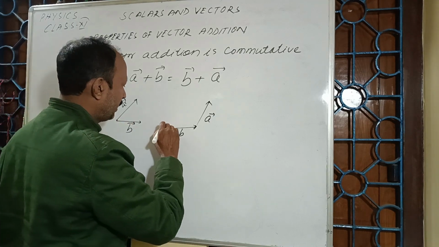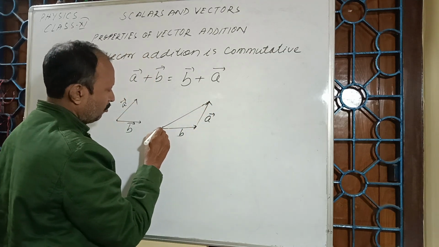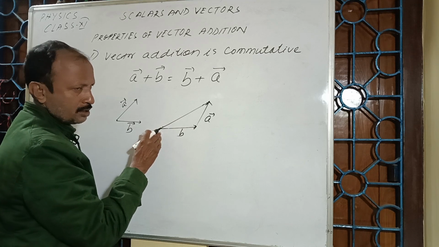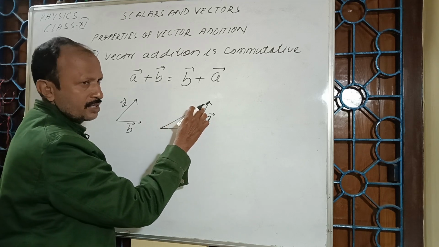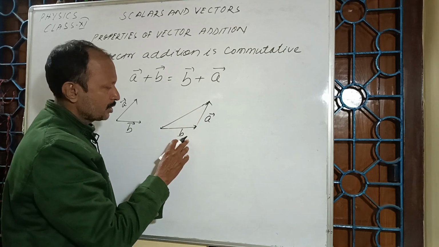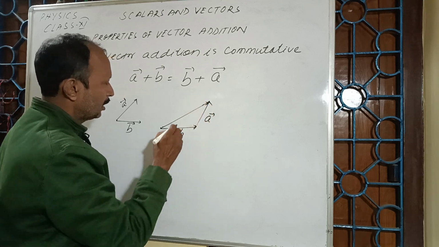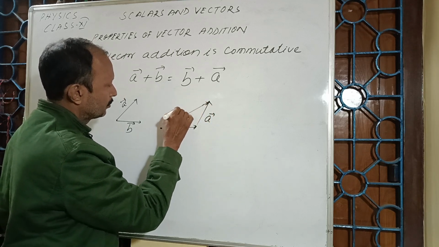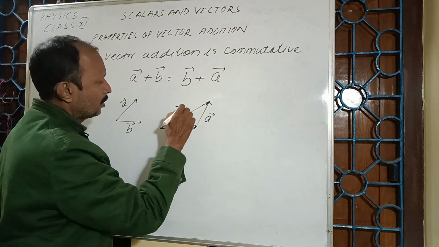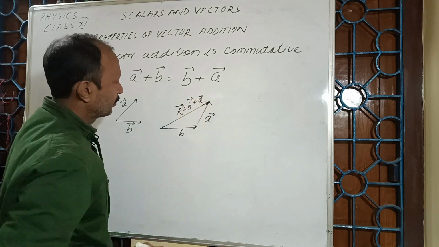So the resultant vector will be a vector from the tail of the first vector to the head of the second vector. Here B I have taken the first vector and A I have taken the second vector. That means this is the resultant vector which is equal to B plus A.